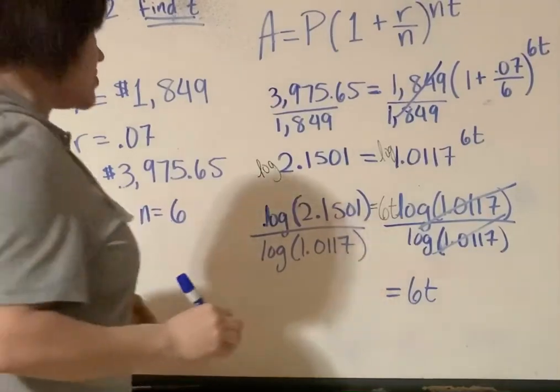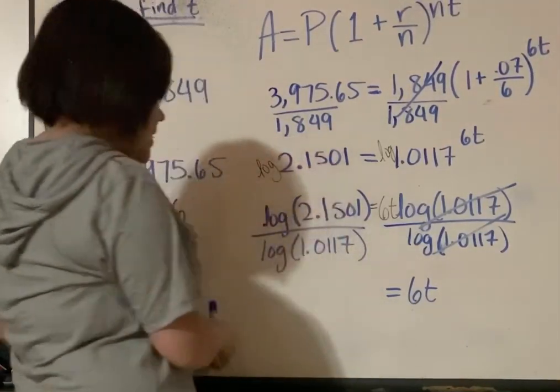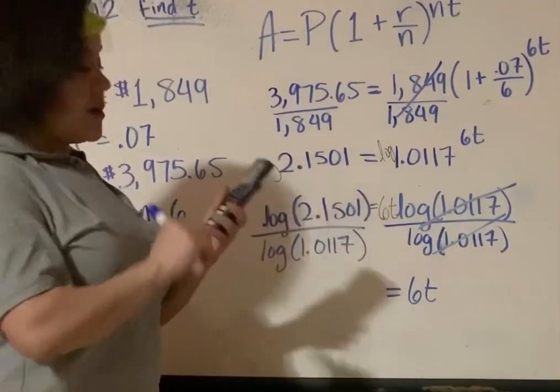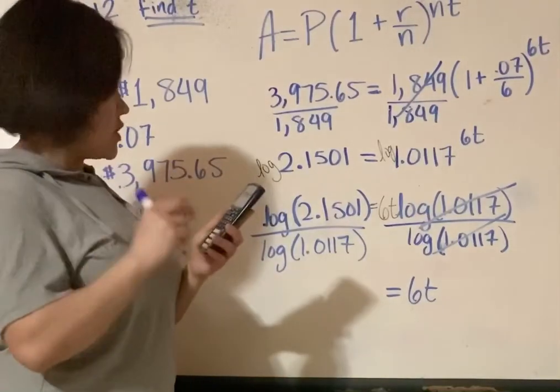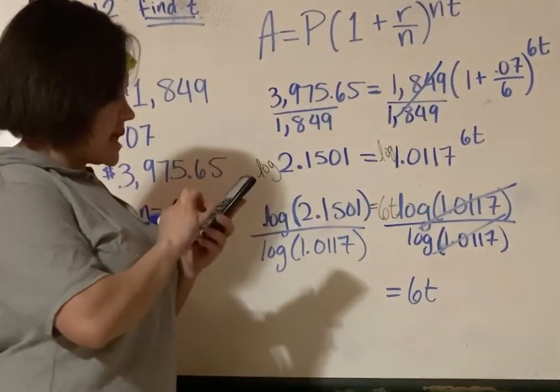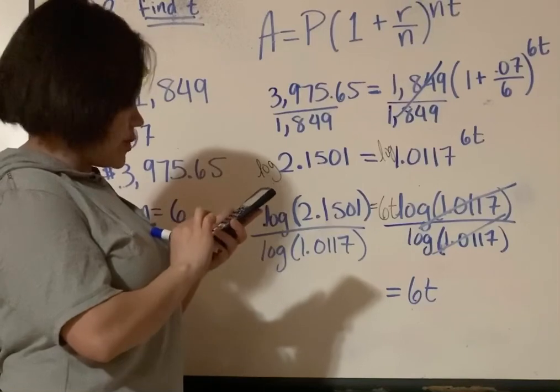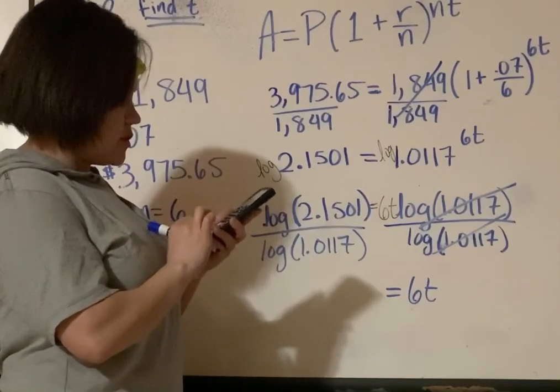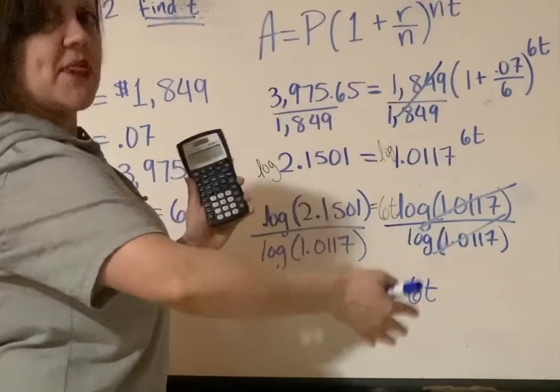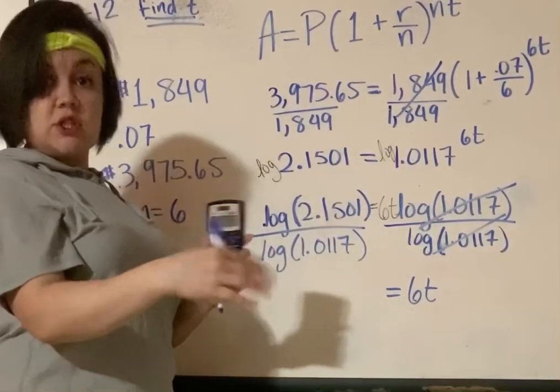This t is almost there. This is a number. Let's do a calculation and round to 4 decimal places. So I'm going to say log of 2.1501. Close the parentheses when you're doing this, even if you're using your calculator.